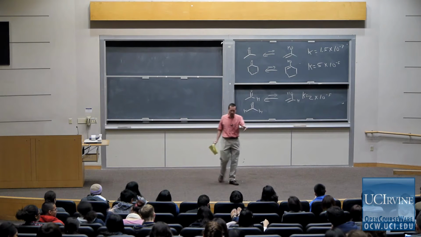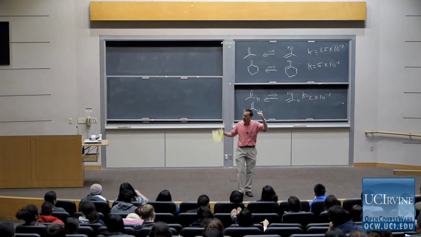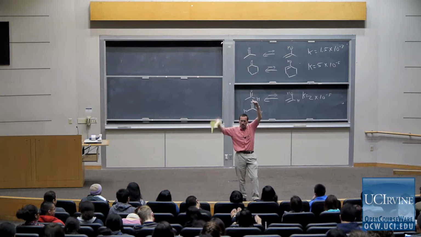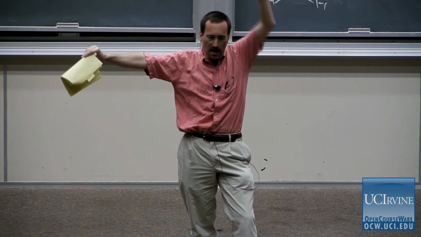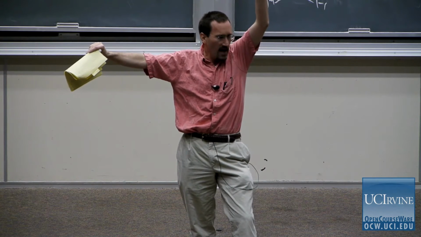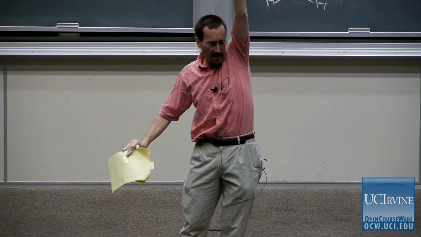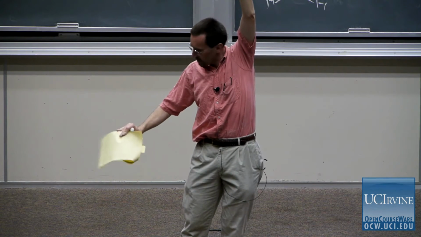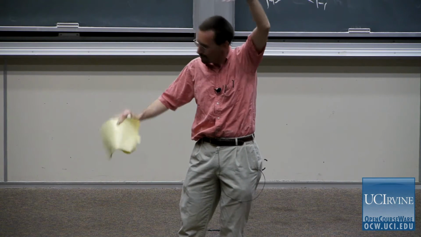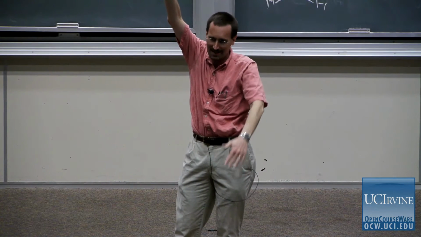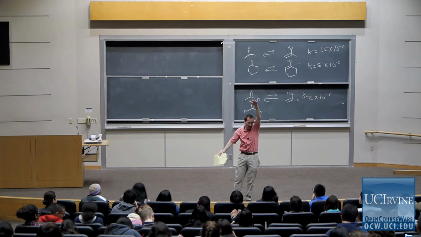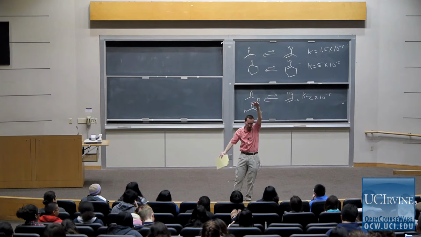That's a very good way of thinking about it. Whenever you have an equilibrium, you're comparing the energy of a ground state and a product. And so the bigger the difference in energy, the bigger the equilibrium constant, whether it's greater than 1 or less than 1, depending on how the energy difference goes.